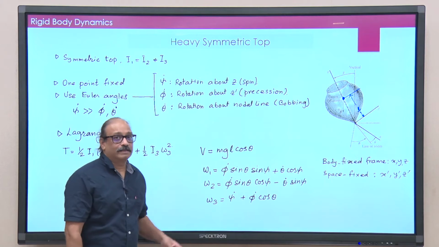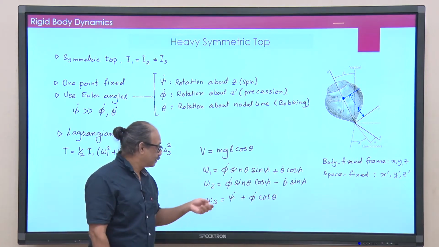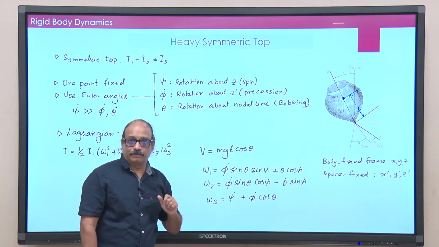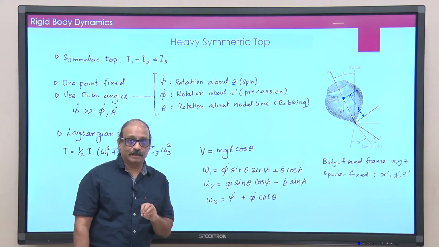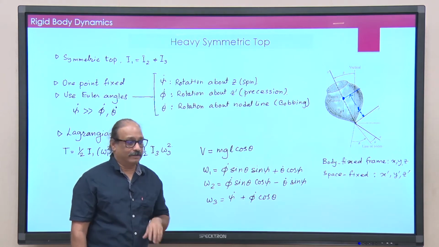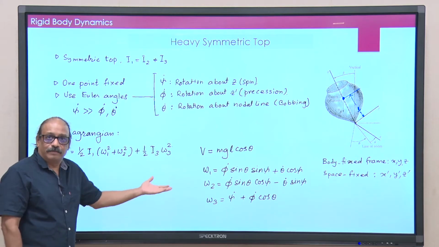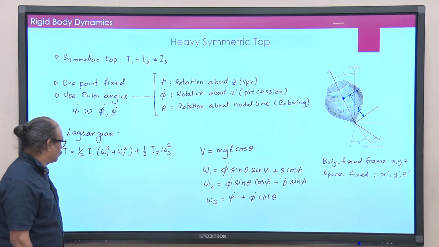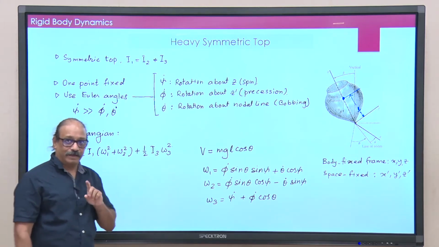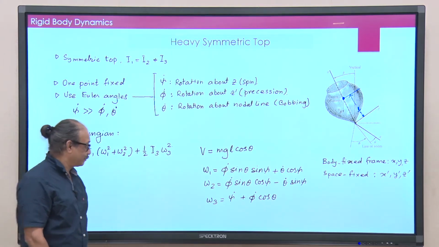We only need to at the end figure out how psi, phi and theta would change to give you the final motion. So, essentially the problem will be solved for phi, theta and psi. Okay. And in this case of course, we do not even have to worry about which coordinate system we are talking about. All that we have to do is make sure that I write the correct expression for kinetic energy.